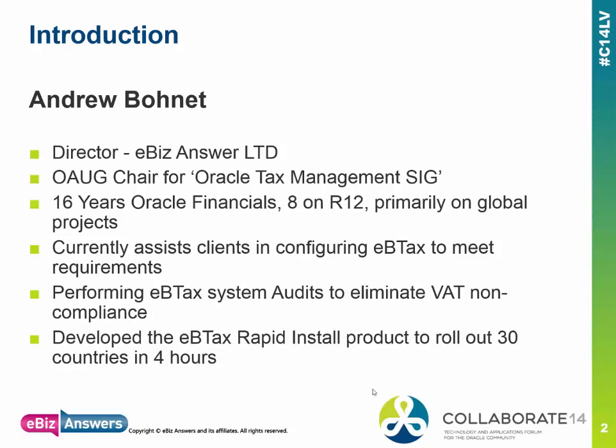We've also developed a product called the EB Tax Rapid Install that allows us to do a rapid rollout. So, for example, we could do 30 countries in about 4 hours. So there's a lot of new functionality with Fusion that can actually help with the rapid install or the rapid approach as well, which we'll be covering.